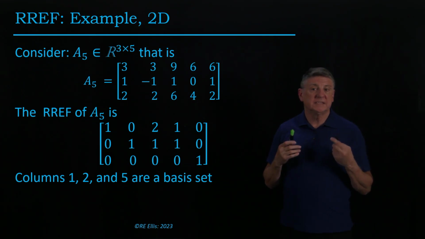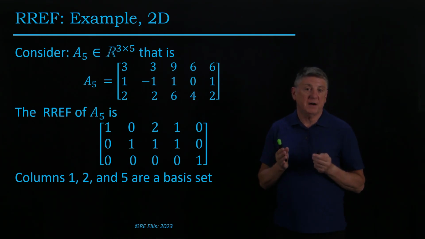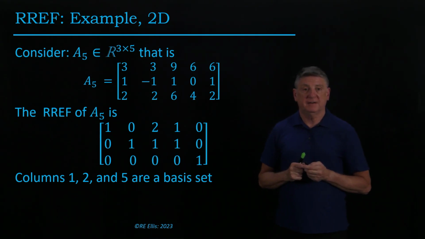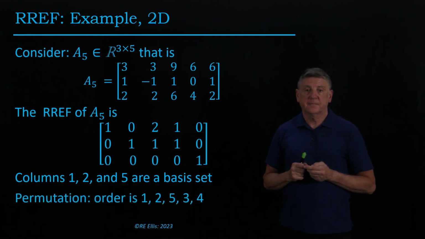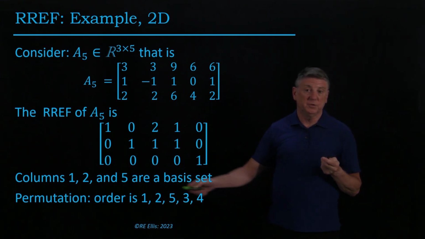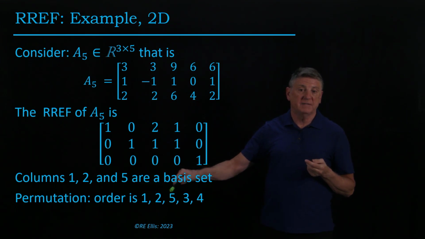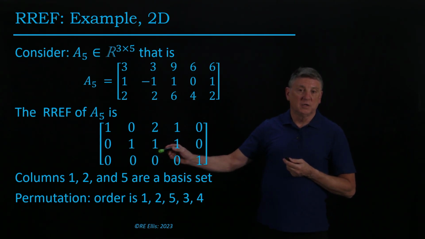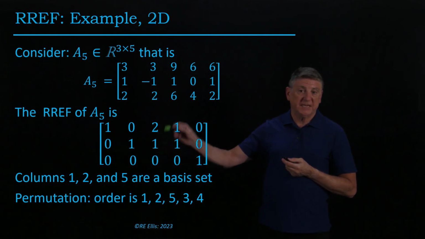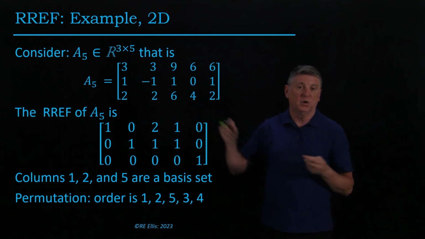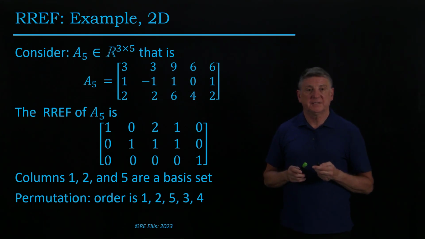So what this means is that now columns 1, 2, and 5 are a basis set for the column space of this matrix A5. And specifically, the permutation order that we would compute is we would put 1, 2, 5, and then because we have to settle on some permutation, we'll take the non-leading entries in order. So this one appears in order, this is 3 and then 4, and that's the way that we'll set up the permutation.